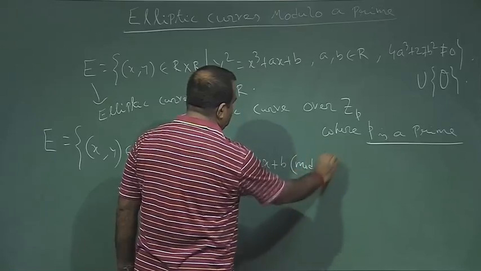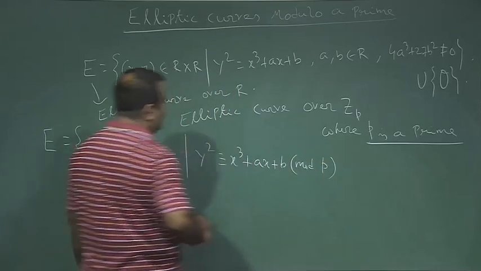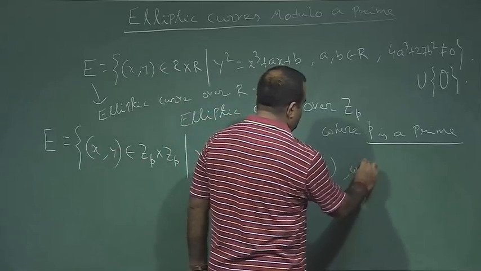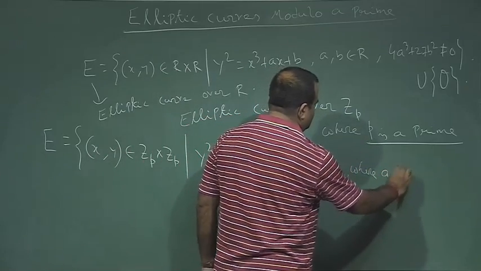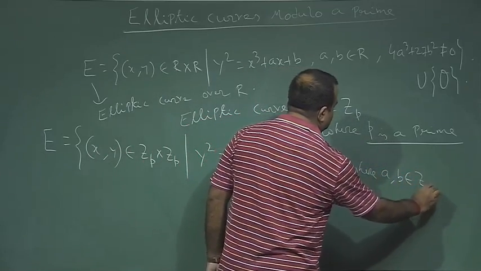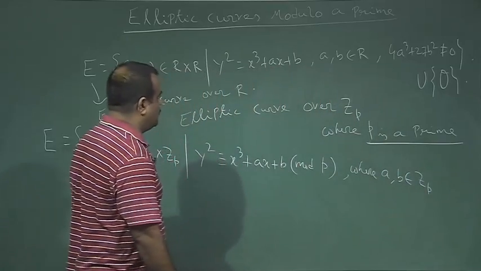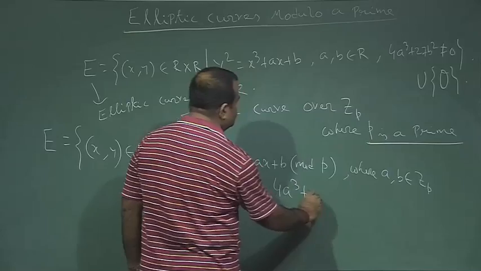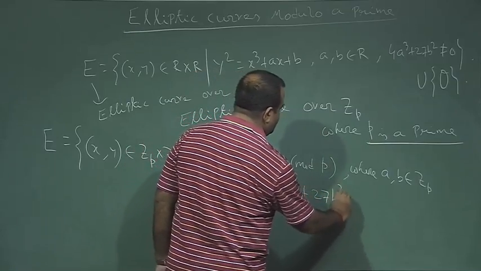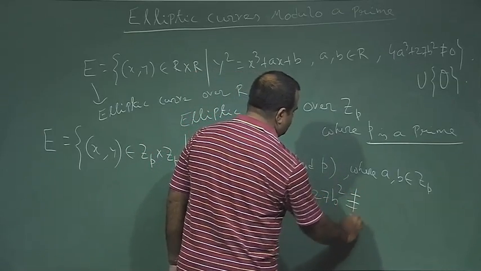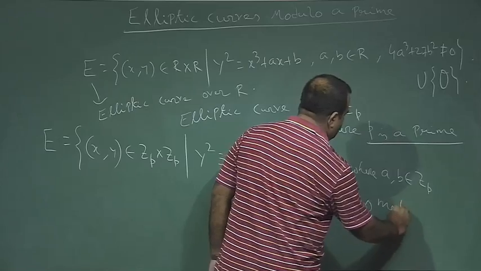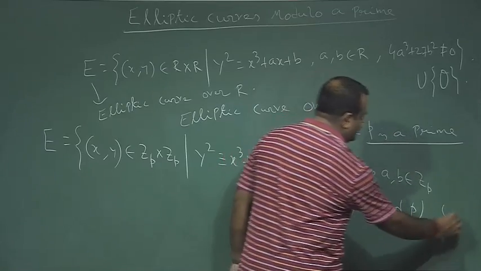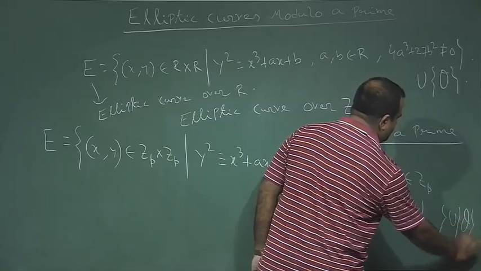So every operation is under mod p, and a, b are coming from Z_p, such that the non-singularity condition is satisfied: 4a cubed plus 27b squared is not congruent to 0 mod p. This set, along with the point at infinity.